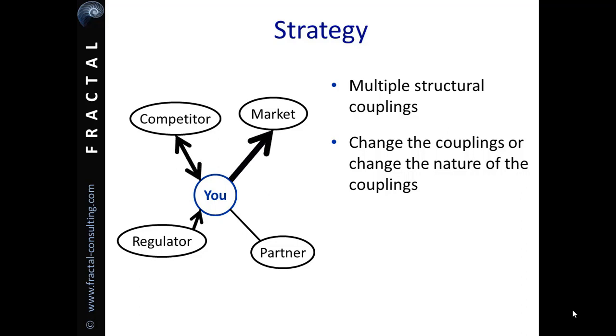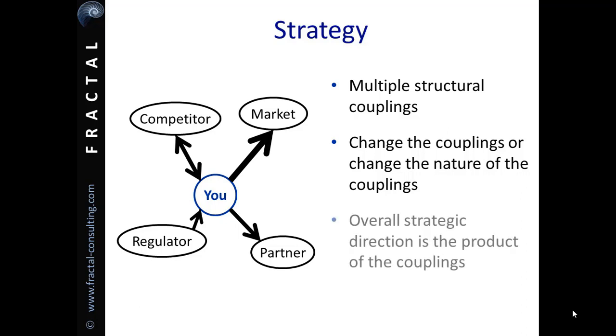Each coupling will exert pressure or tension on you to move in particular directions, and some will have a greater effect than others. But your overall strategic direction is the product of all of these. So when Henry Mintzberg talks about emergent strategy, this is how emergent strategy emerges, and it's these forces, the couplings, that drive it.